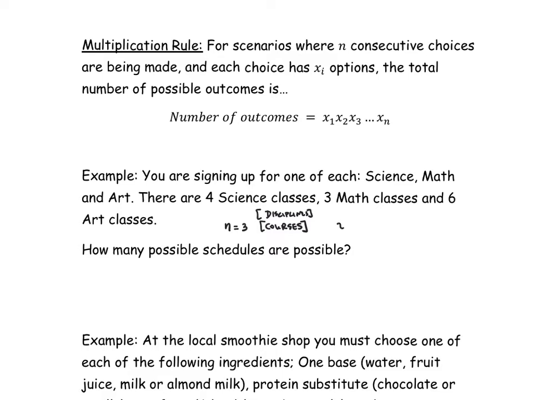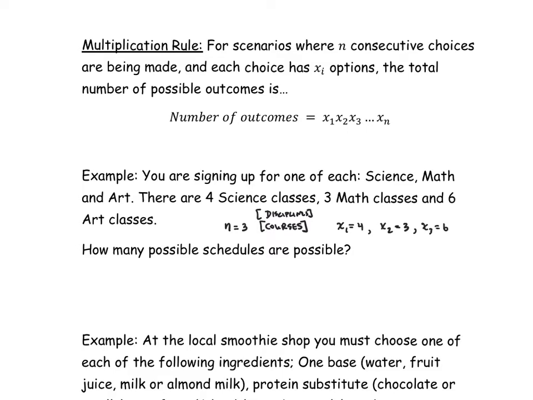Of the first choice, or the first discipline, we have 4 science classes. The second discipline, we have 3 math classes, and the third discipline, this must be some kind of special school, with 6 art classes. Okay, that's fine.